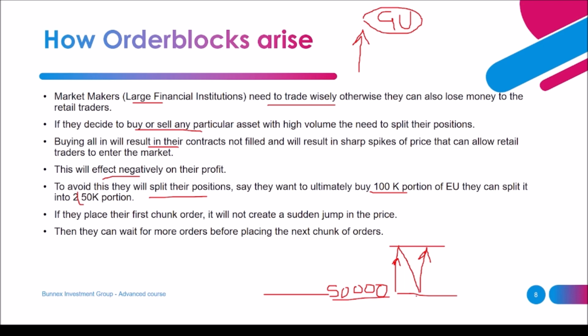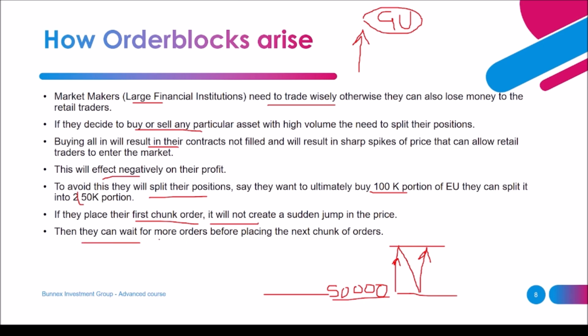This way, the first 50,000 order that I have placed is what will create what we call an order block. It is the point where my contracts are located. If they place their first chunk of orders, it will not create a jump in price.